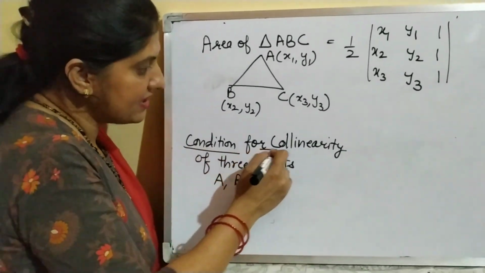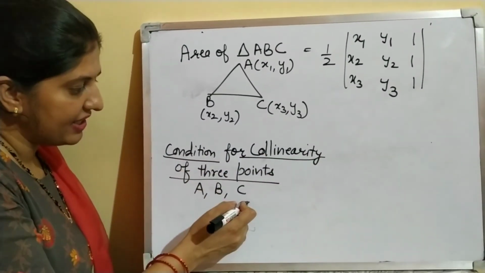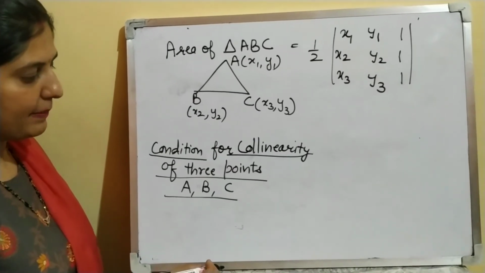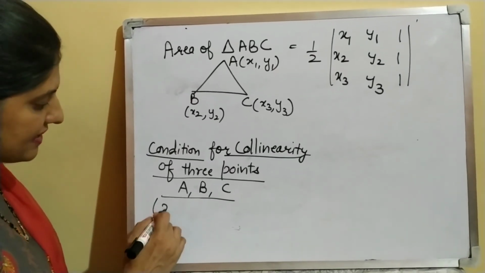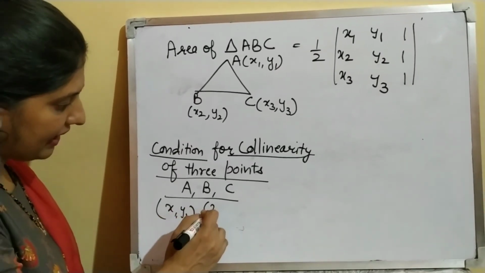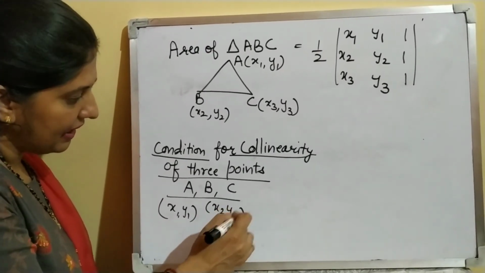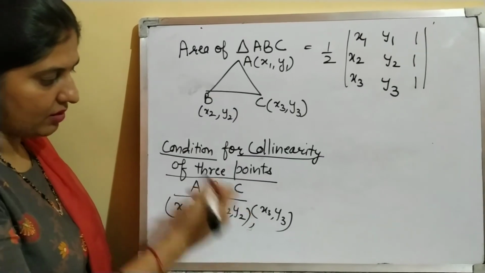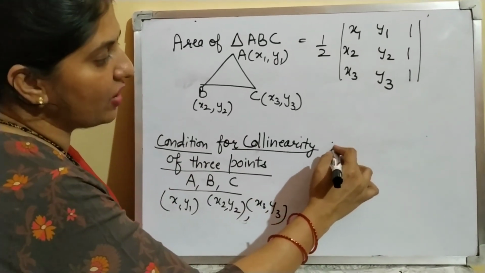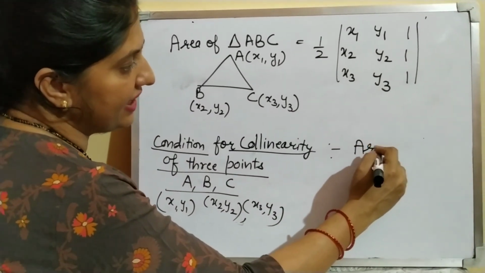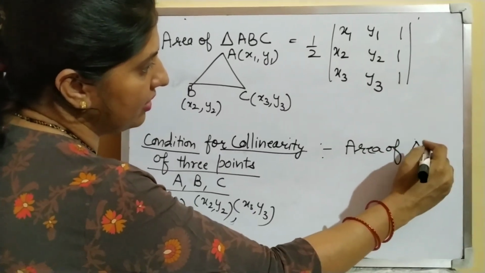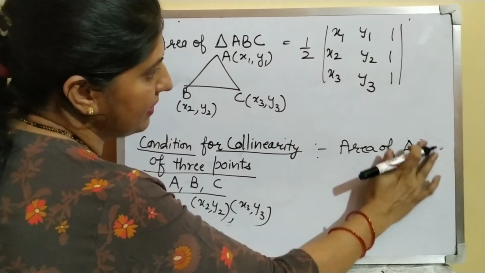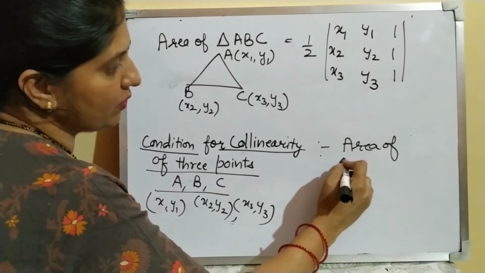Now what is the condition for collinearity of 3 points A, B, C with coordinates (x1, y1), (x2, y2) and (x3, y3)? If 3 points are collinear, then the area of triangle ABC must be equal to 0.